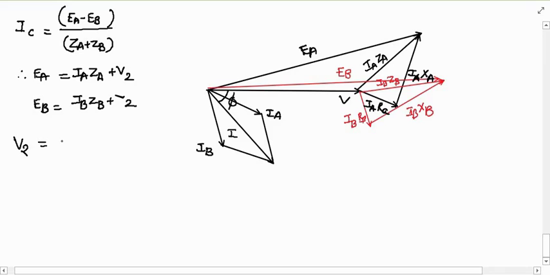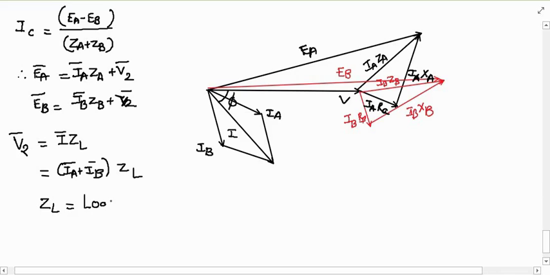V2 will be equal to I into ZL. So what is I? I is nothing but IA plus IB, vector sum of both, into ZL. What is ZL? ZL will be the load impedance.